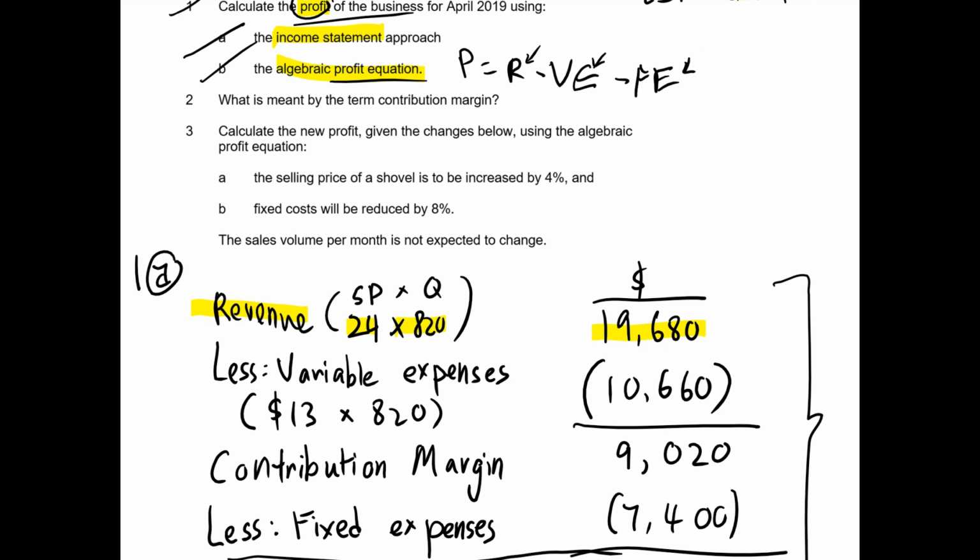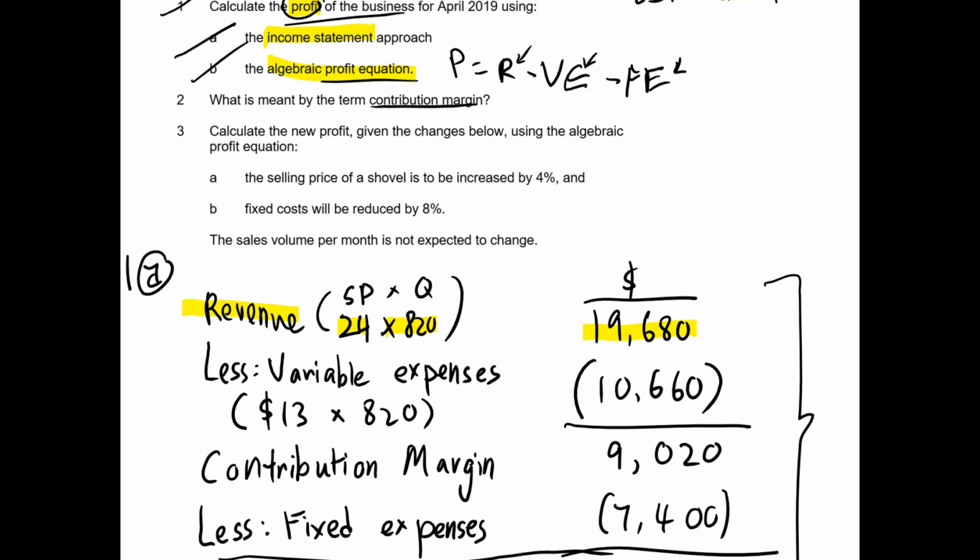And the next one, they ask you what does it mean by contribution margin. So you must tell me that contribution margin is the revenue available after deducting the variable expenses.